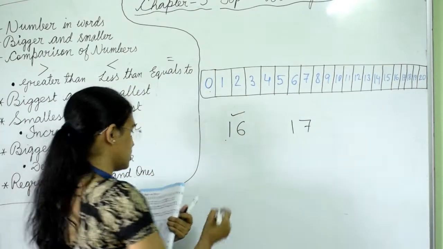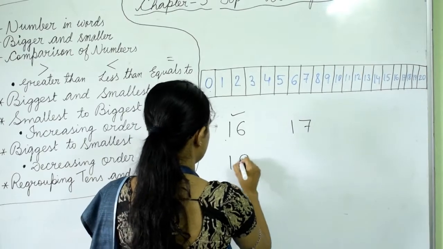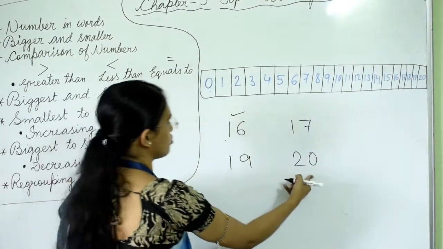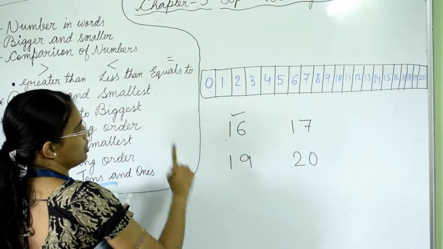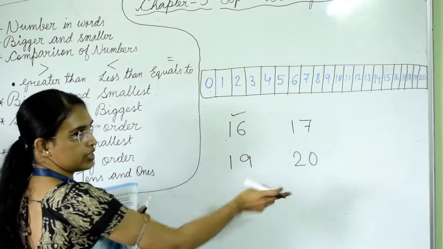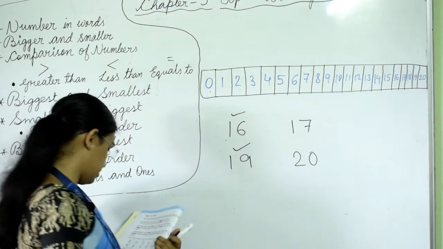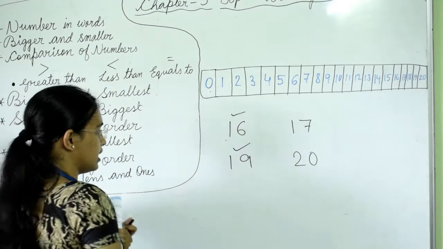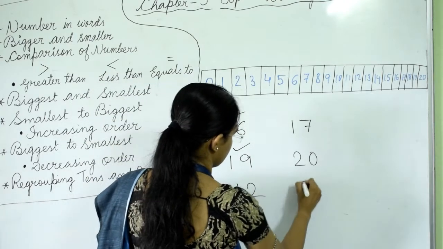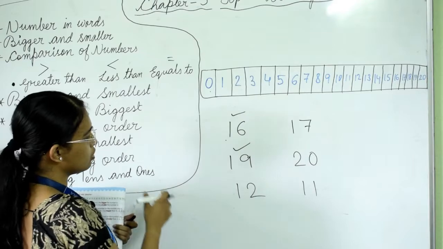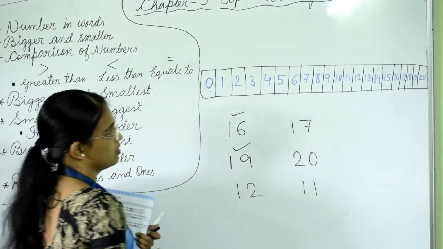Now next is 19, 20. There are two numbers, one is 19, another one is 20. So which is near to 0? 19 or 20? 19. So you have to take the smaller number. Then 12 and 11. So which is near to 0? 12 or 11?